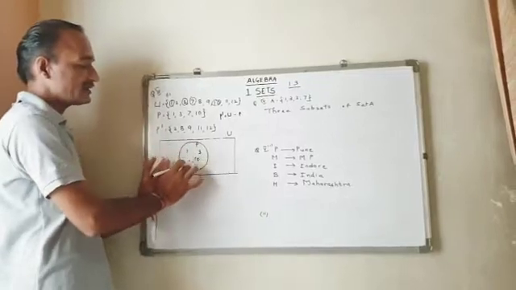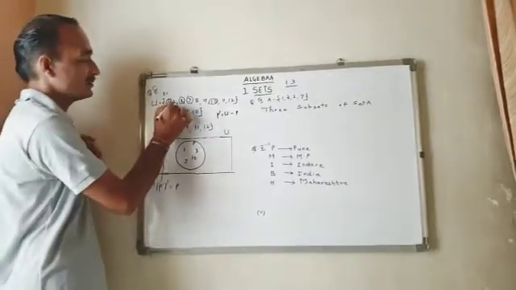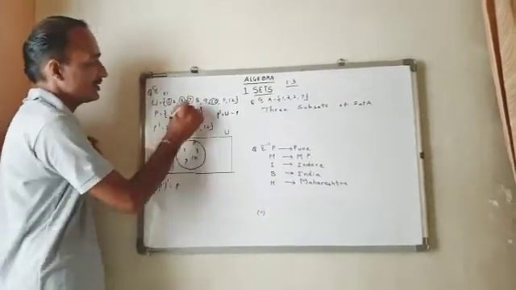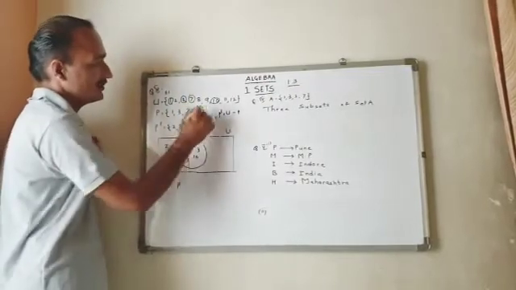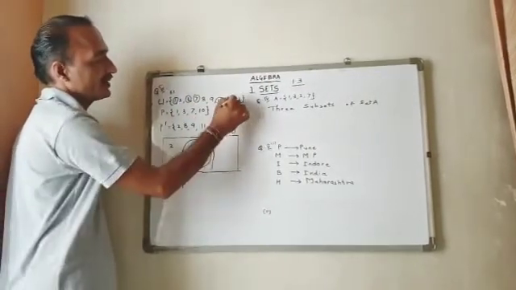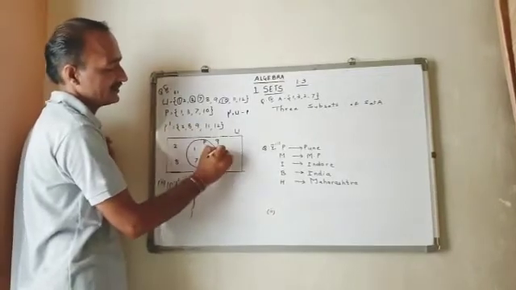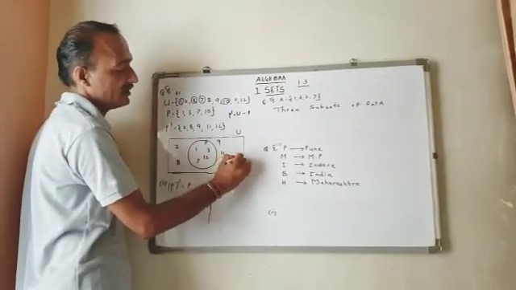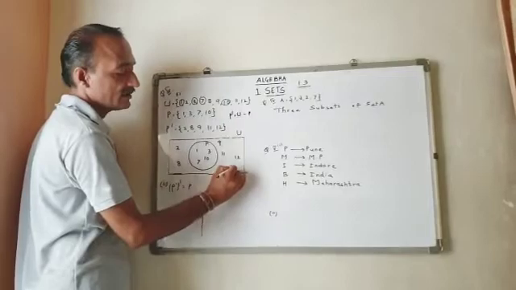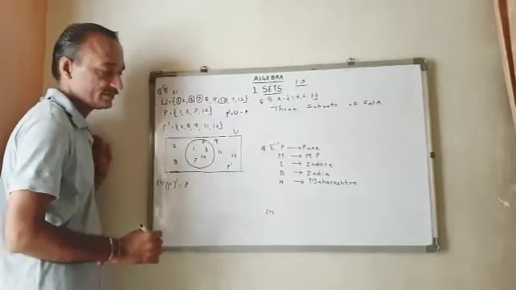Excluding 1, 3, 7, 10, what remains? 2, 8, 9, 11, 12. So what are these? These are P complement.